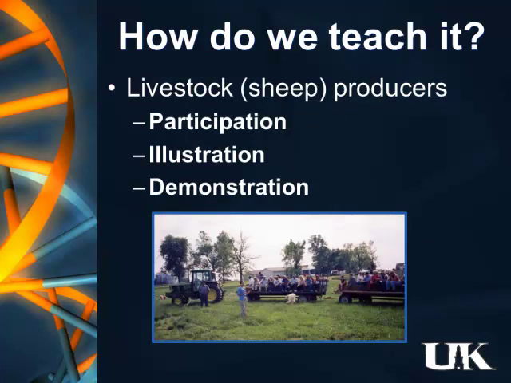I think with producers, participation is key. Try to do things where they can actually participate in doing something. Illustration and demonstration. A lot of times we put the producers that come to these events on wagons and take them out into the flocks to see what's going on.